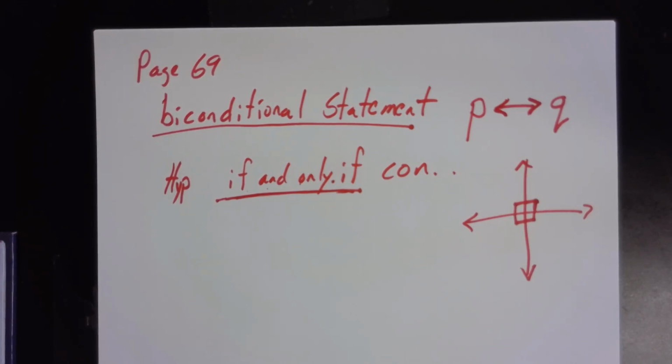See how that works? What has to be true before you can write it as a biconditional statement? Both of them have to be true. The original statement and the converse have to be true. Which, by the way, don't forget means everything's true, right? The inverse and the contrapositive are true as well. Okay?